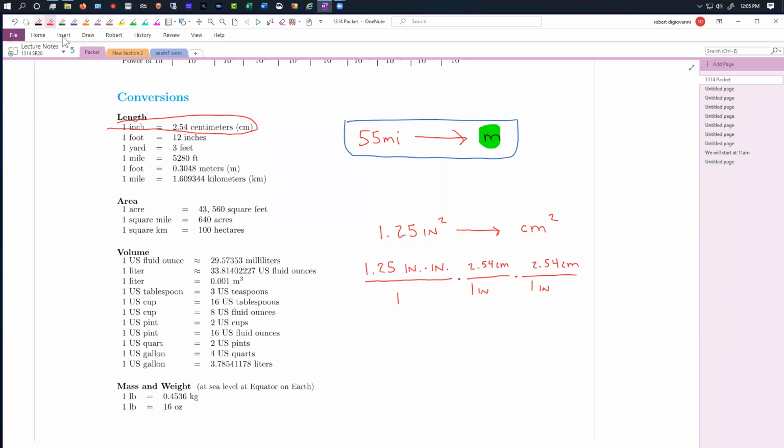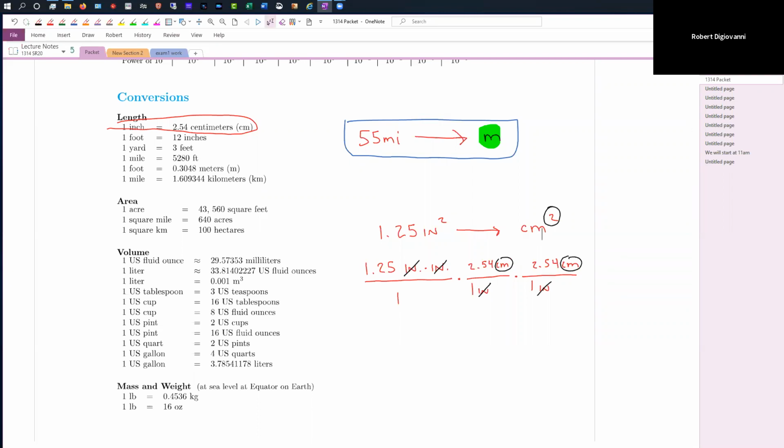And what I'm hoping that you're seeing is that I have to do it twice because the first time I do it, the first inch cancels. And then the second time I do it, the second inch cancels. Not only does that happen, but now you've got centimeters twice, which is going to give you your centimeters squared. So now all you have to do is multiply straight across, which I'm going to do.